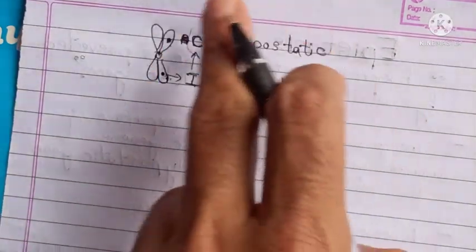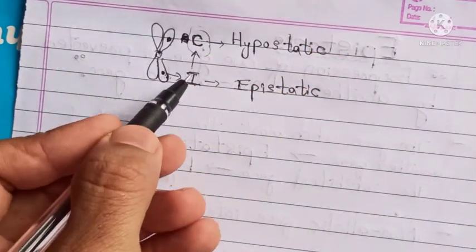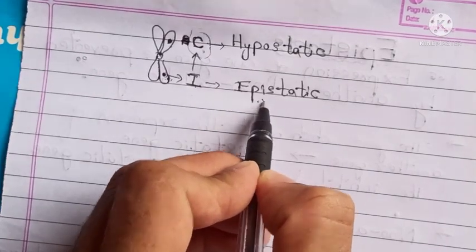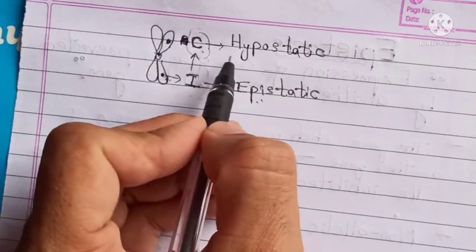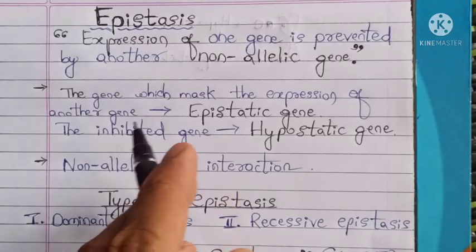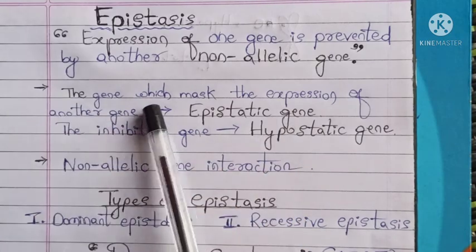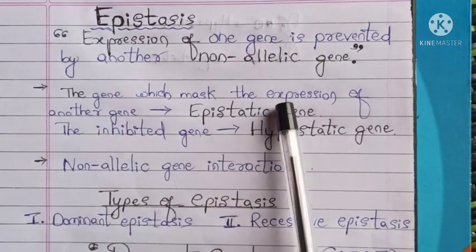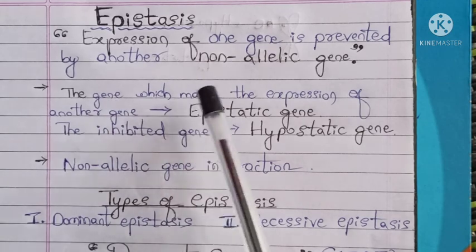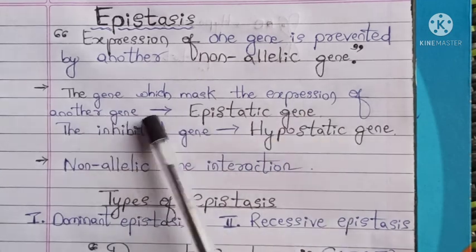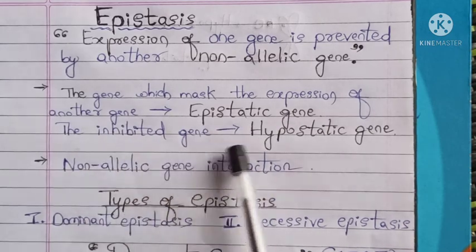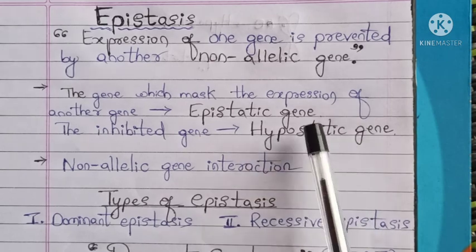I hope you understood this. Two genes are involved. I is an epistatic gene because it is the inhibiting gene, and the inhibited gene is called the hypostatic gene. The same thing is written here. The gene which masks or suppresses the expression of another gene is called the epistatic gene, and the inhibited gene is called the hypostatic gene.